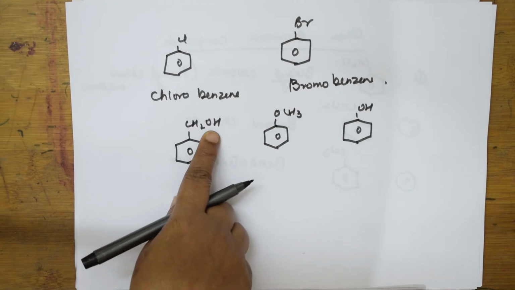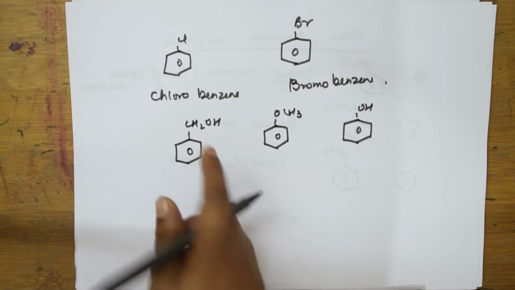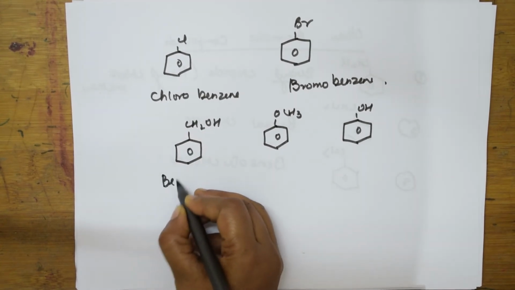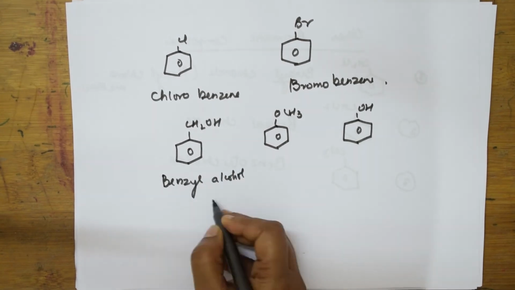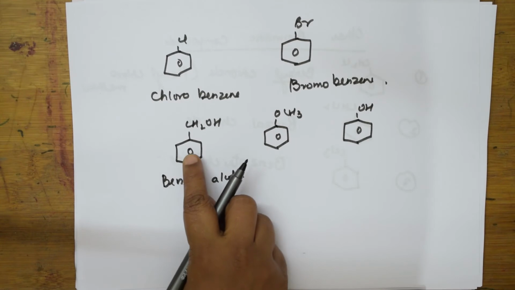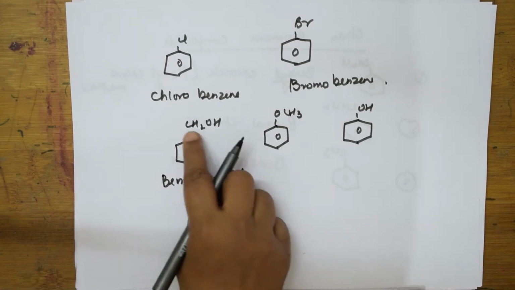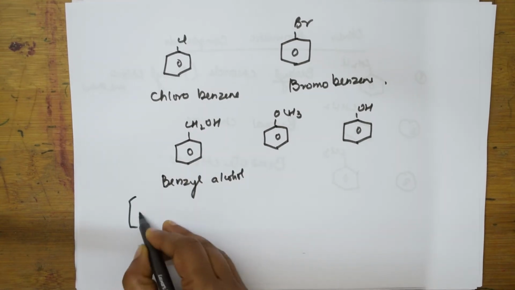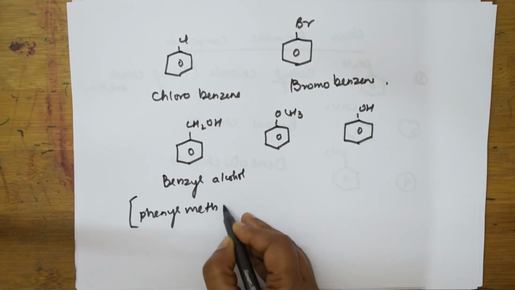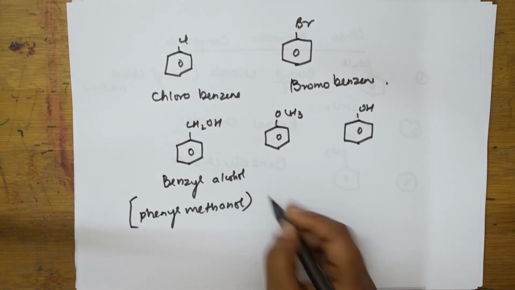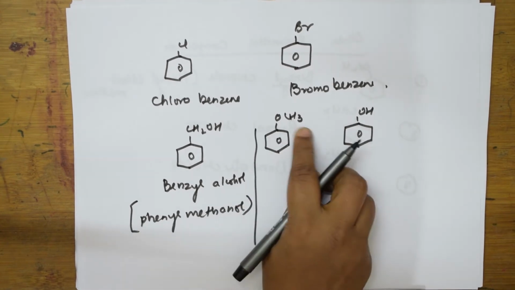Whenever you have a functional group and a CH2, then you call it benzyl. This is called benzyl alcohol, or it is also called phenyl methanol.